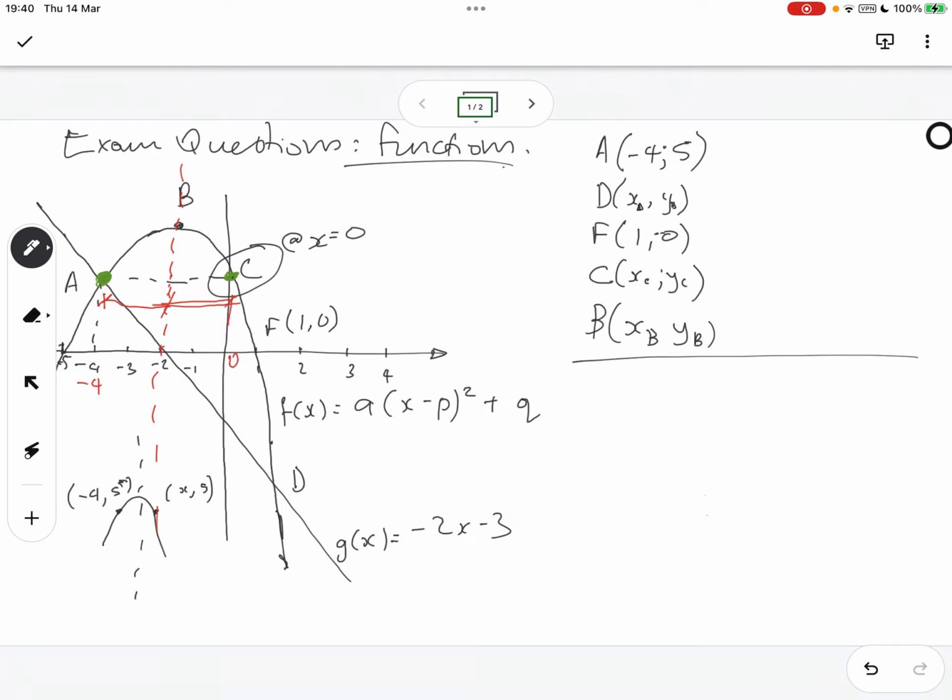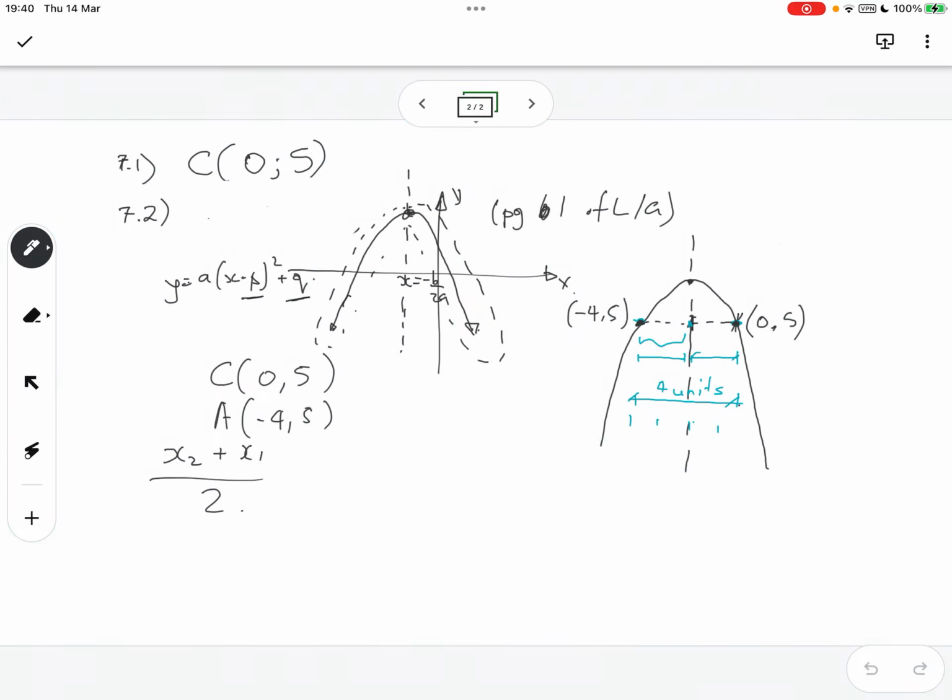So it's going to be this spot here plus that spot here, divide by 2, and that gives us -4 plus 0 over 2, and that's -2. So the x value for the axis of symmetry is then -2. So that's why it's also 1 mark for B, yes. So it's -2.